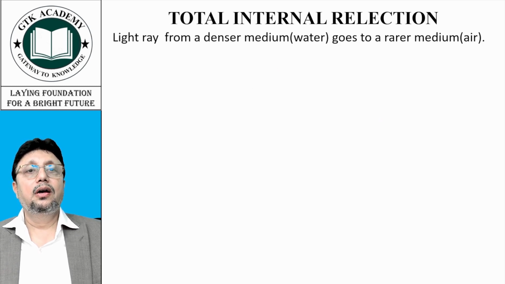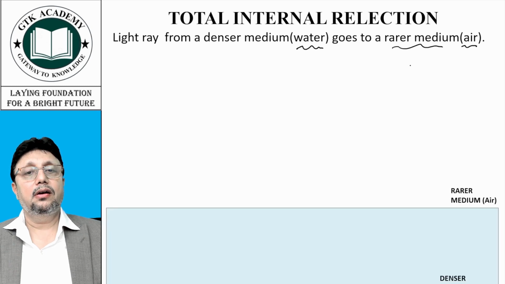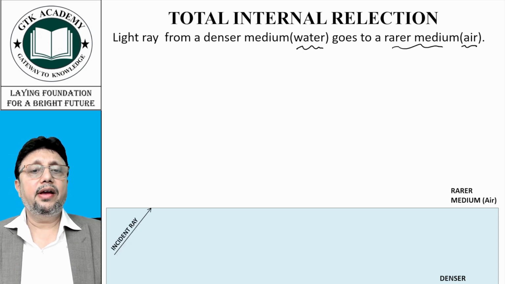Now, a light ray from a denser medium, say water, goes to a rarer medium, say air. Now, this is your denser medium shown in light blue color, and the rarer medium is shown in white color. Suppose a ray of light is incident on this surface here.